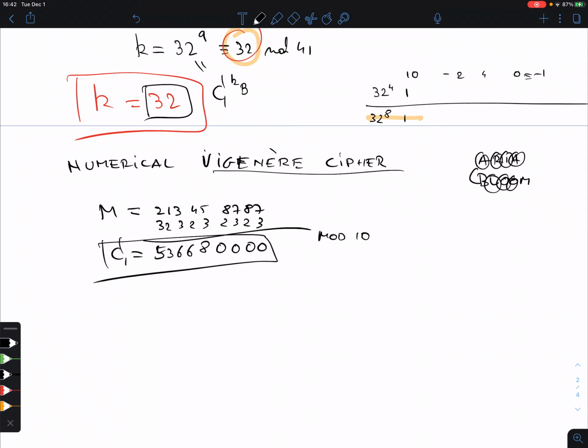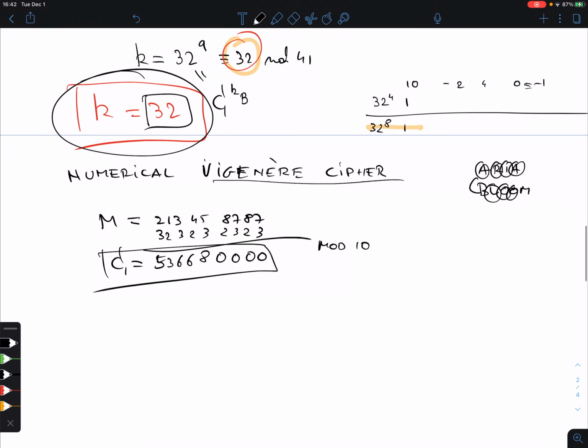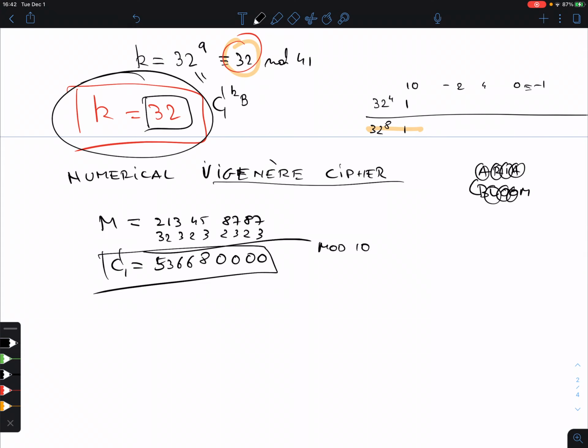And my claim is it's impossible to break this unless you know the key K, because we saw that Vignière ciphers can be broken if you know the length of the code, because they're basically a combination of Caesar shifts, Caesar ciphers, and shifting ciphers can be broken.